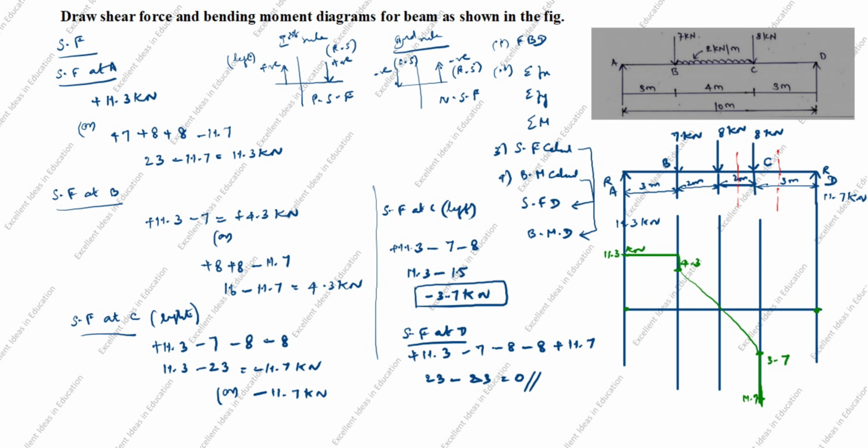Why does it go straight? You see, this is also a point load. Constant line only. After that, join the line. This is also joined from here to here. This is positive. This is negative.